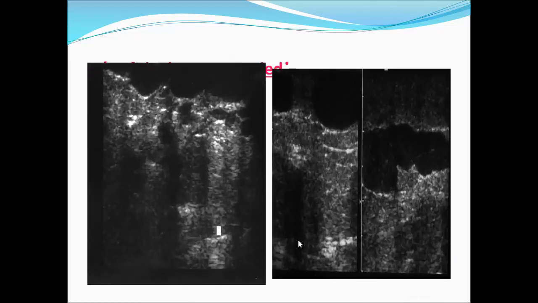And this is the ultrasound appearance, and this is very characteristic appearance of breast metastasis, that we found subdermal multiple well circumscribed masses. This is the markedly thickened skin, and this is subdermal multiple masses present below the skin. This is the appearance of breast metastasis.